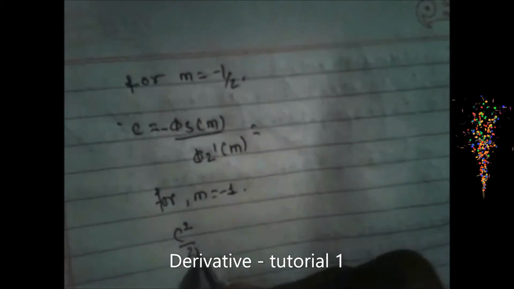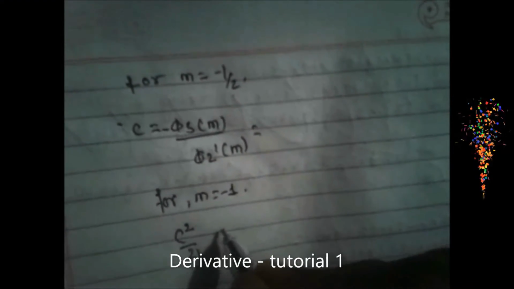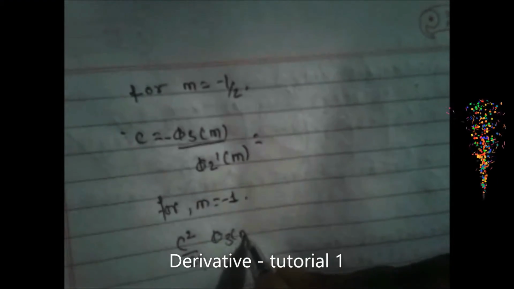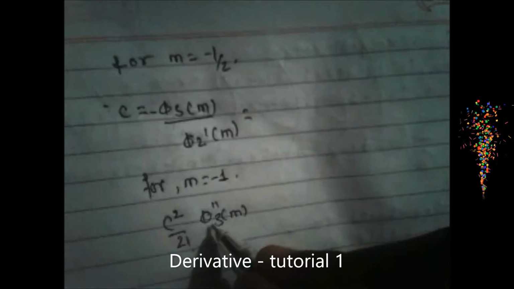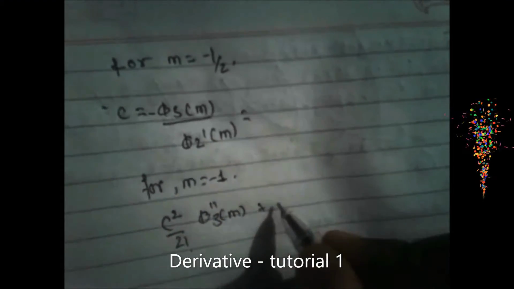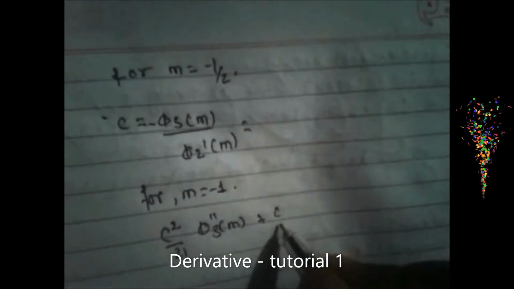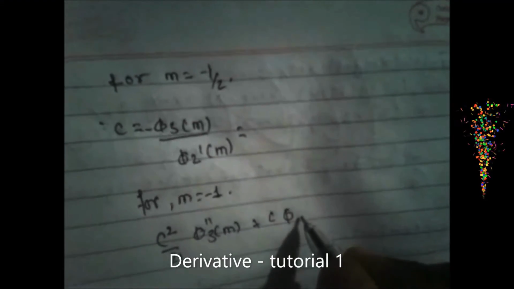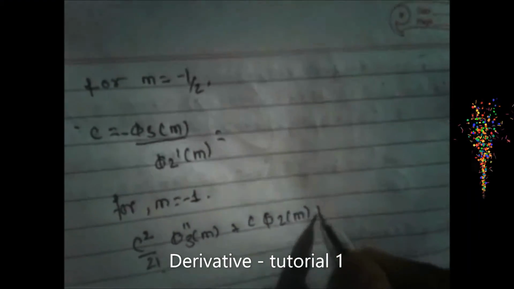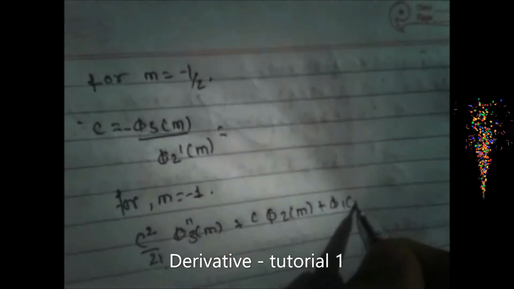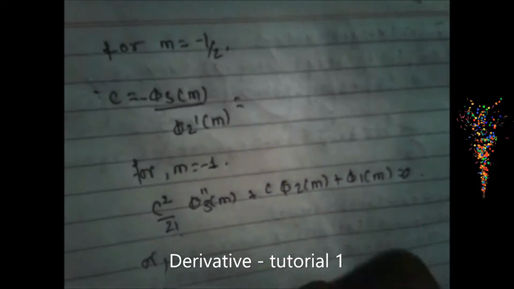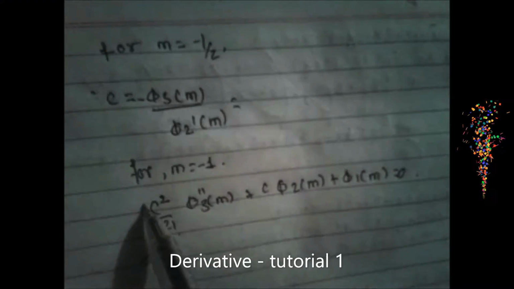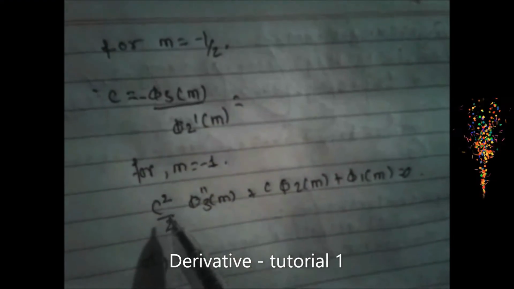The next formula is for when it is the same: c square by 2 factorial phi 3 double dash of m plus c by 1 factorial phi 2 of m plus phi 1 of m is equal to 0. This is the next formula.